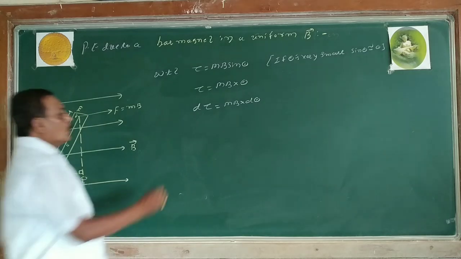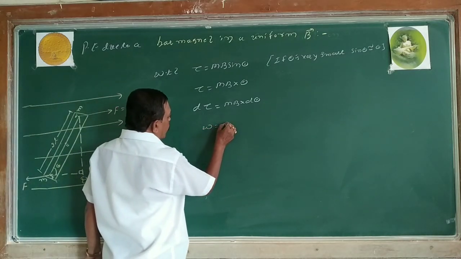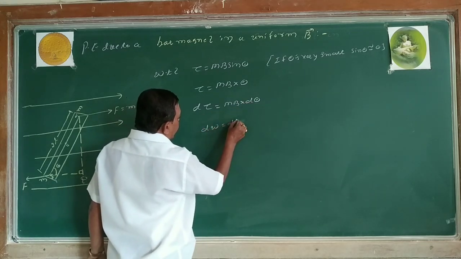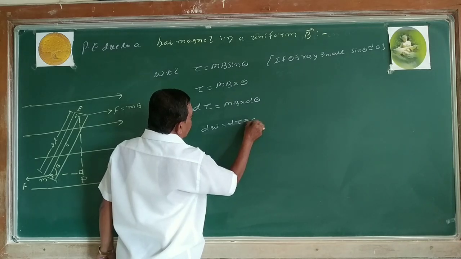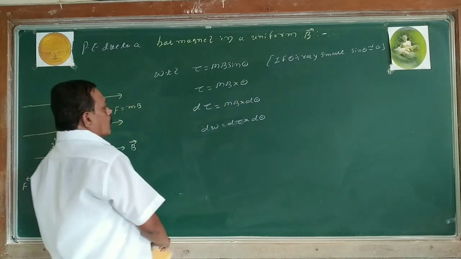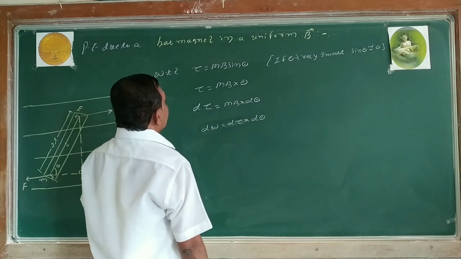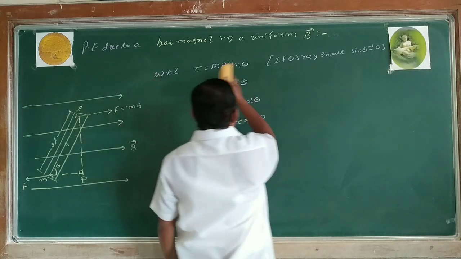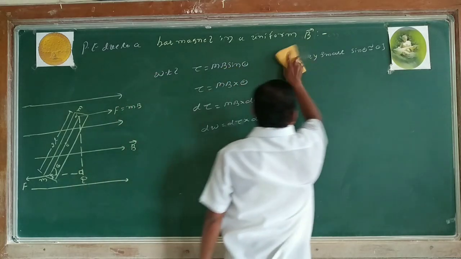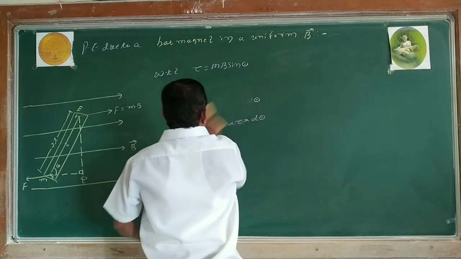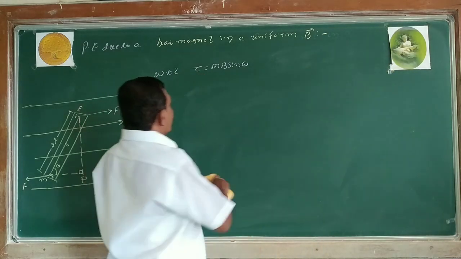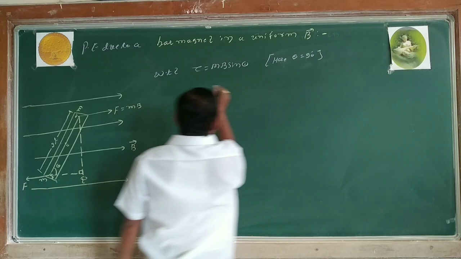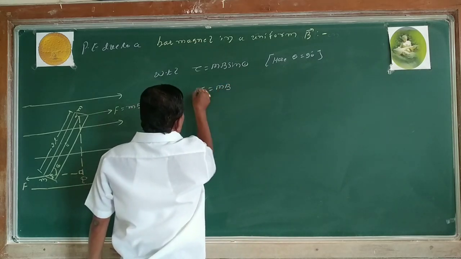Then work done is force into displacement: dW equals d tau into displacement d theta. Force into displacement, right? At theta equals 90 degrees it experiences maximum torque, tau equals mB.